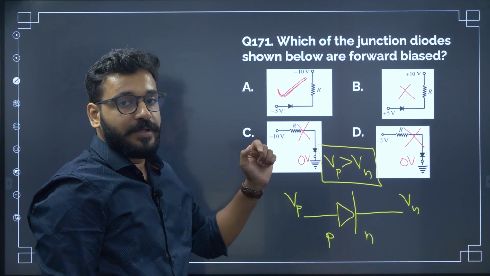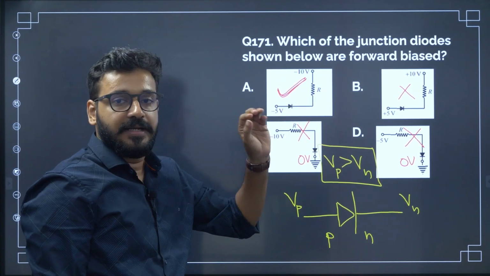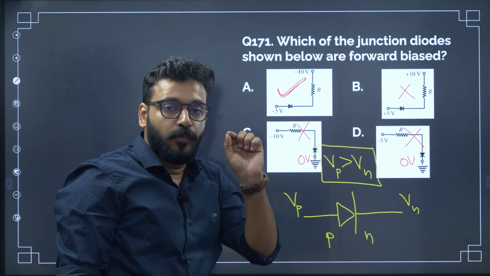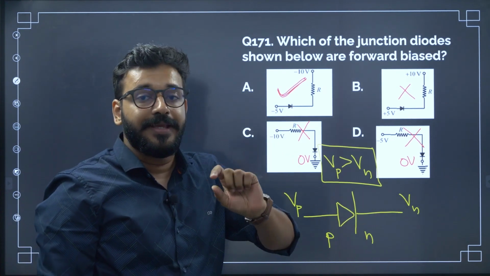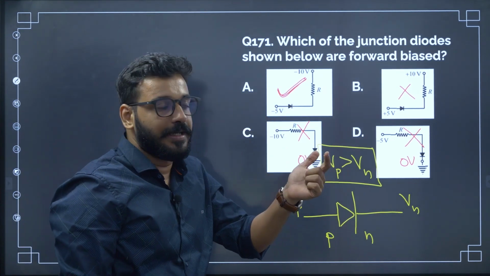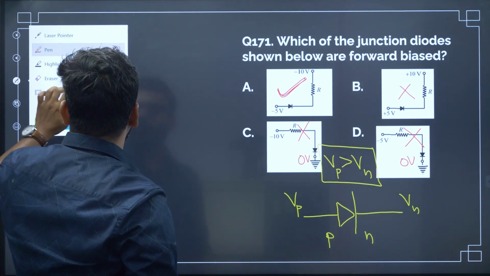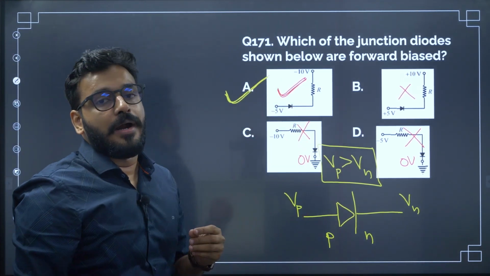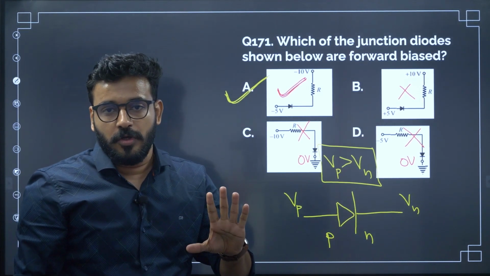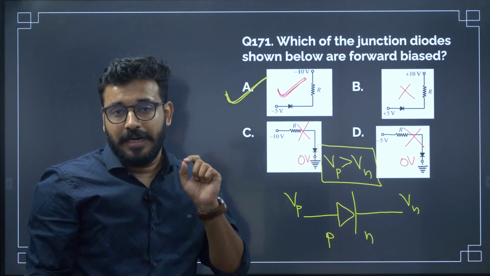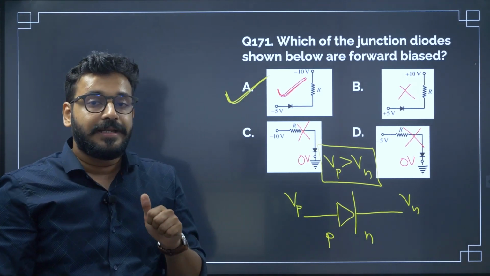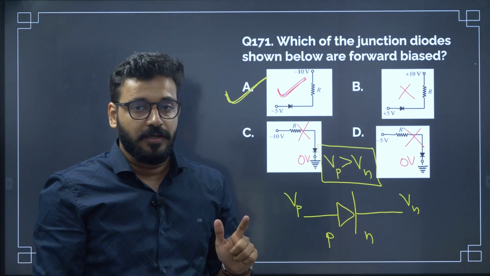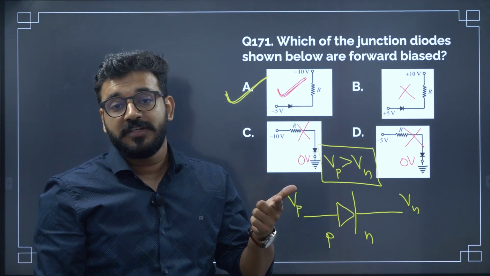-5 is connected to P side. -10 is connected to N side. Here exactly the potential at P is greater than the potential at N. So the correct answer over here is absolutely option A. Alright, this is how you understand. Please keep this tip in your mind. How do you identify whether a diode is connected in forward bias or reverse bias?